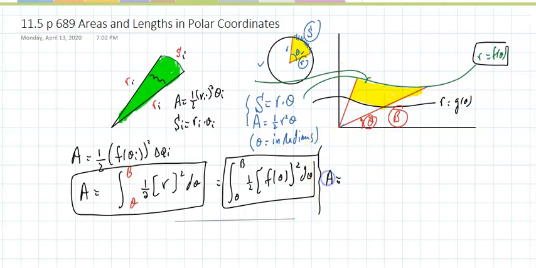Area is going to be the integral, still from theta to beta. That didn't change.